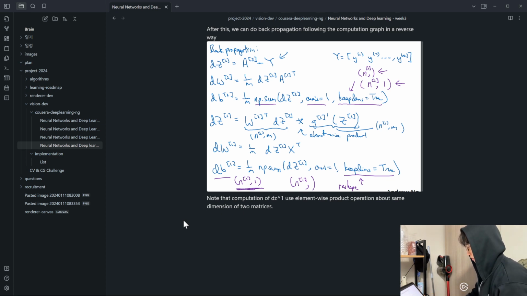But it should come as no surprise that rather than working on a single example at a time, we would like to vectorize across different training examples. So remember that for forward propagation, when we're operating on one example at a time, we had equations like this, as well as say A1 equals g1 of Z1.